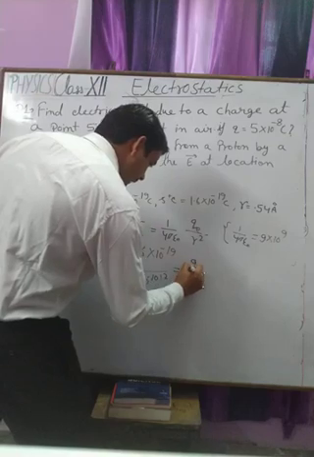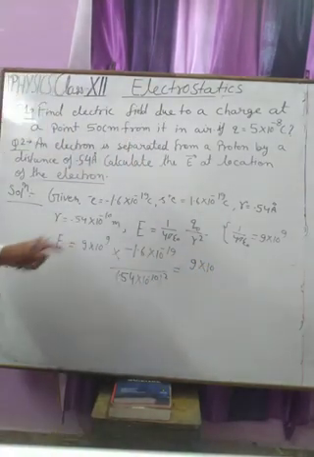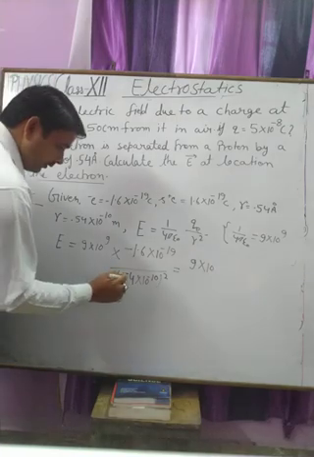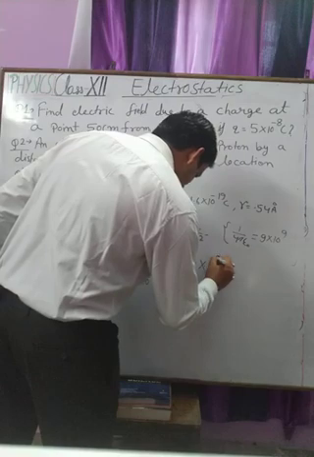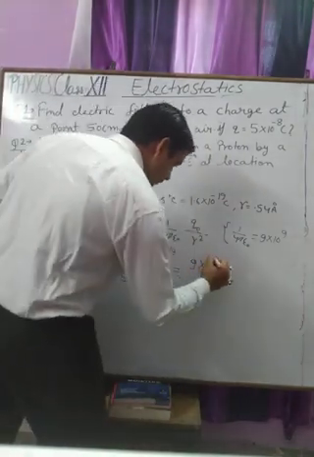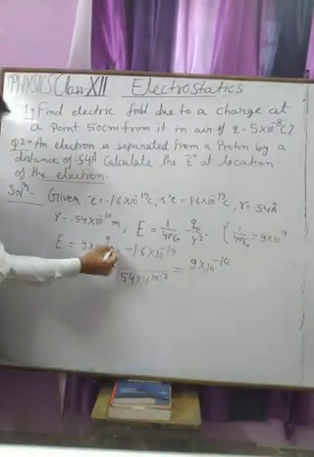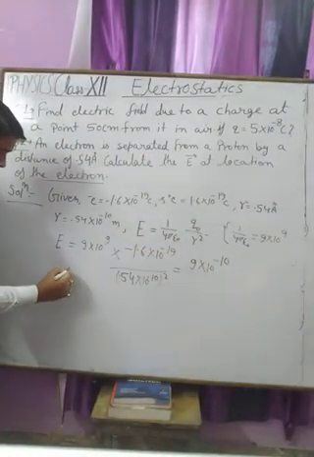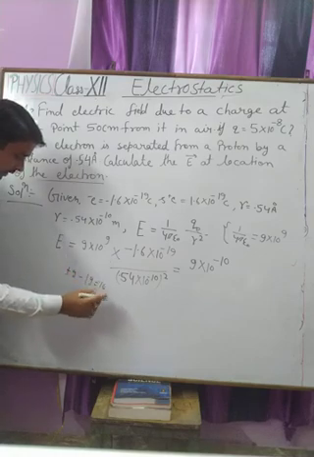So now we are solving this value, that is 9 into 10 to the power 9, and when we are adding 9 and minus 19, we get the result minus 10.